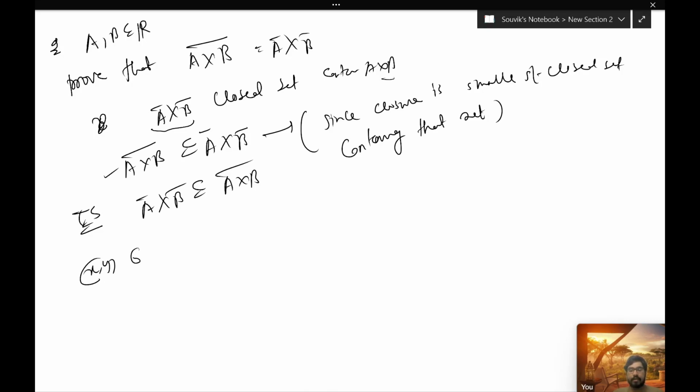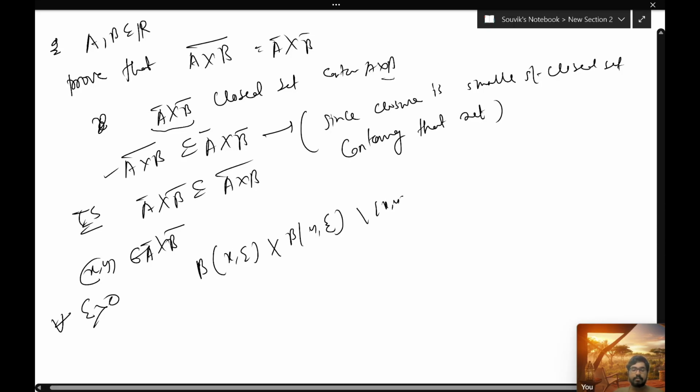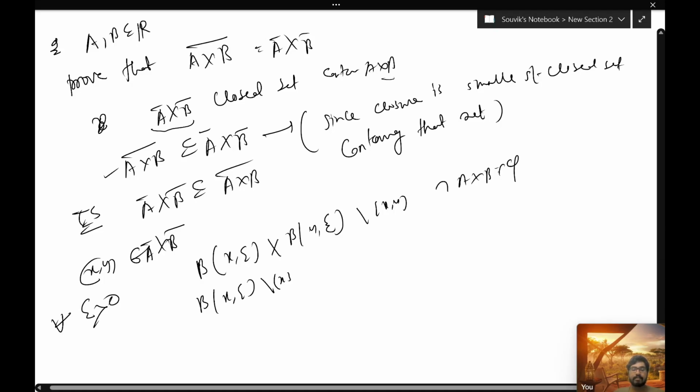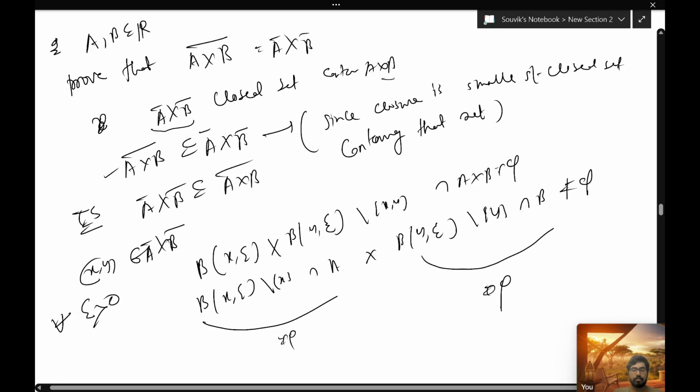So choose a point (x,y) belonging to A closure cross B closure and choose epsilon greater than 0. By definition, we can choose a neighborhood minus this point whose intersection with A cross B is non-empty. This implies B(x,epsilon) minus x intersection A cross B(y,epsilon) minus y intersection B is non-empty, so this part is non-empty and this part is non-empty.